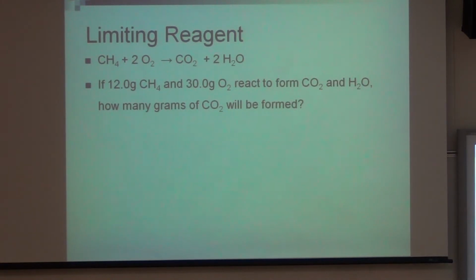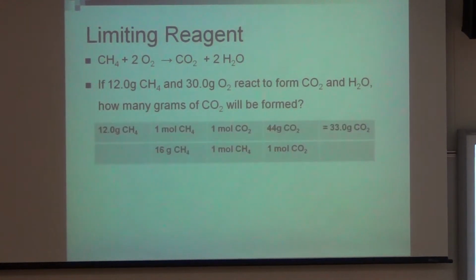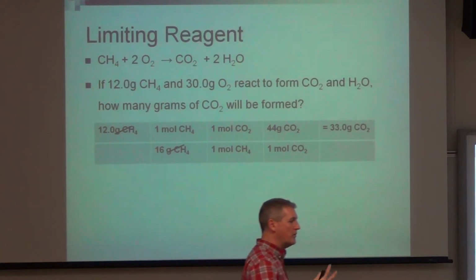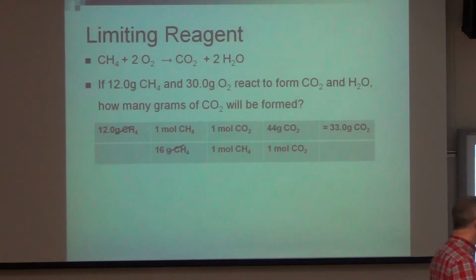So we're going to do two T-charts. One, we're going to start with 12 grams of methane. We're starting with 12. When we do our molar mass for methane, carbon has a mass of 12. 4 hydrogens give us another 4 more, so it's 16 grams per mole.